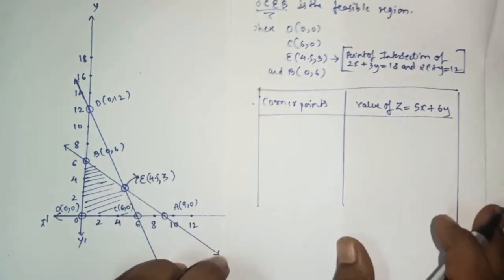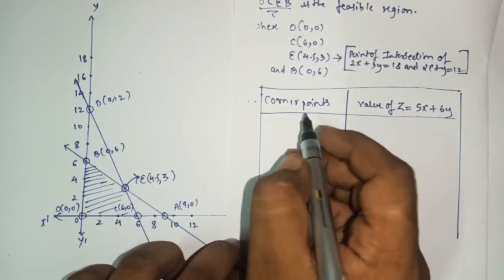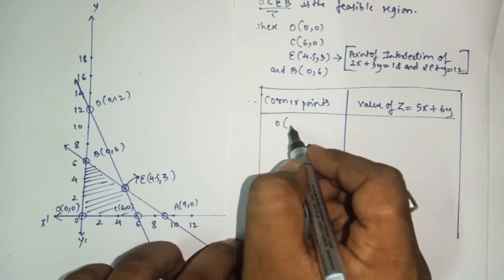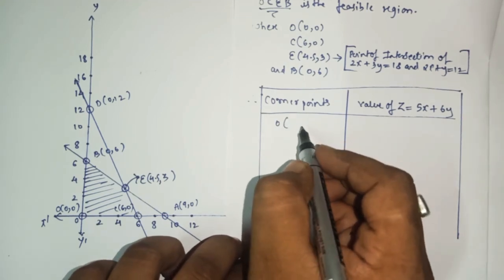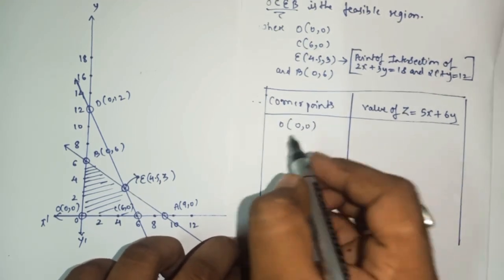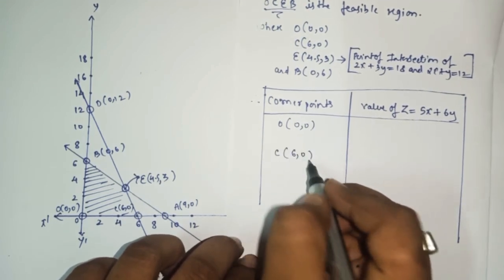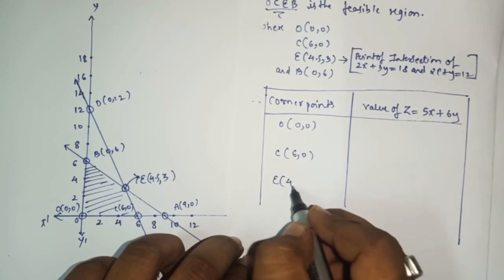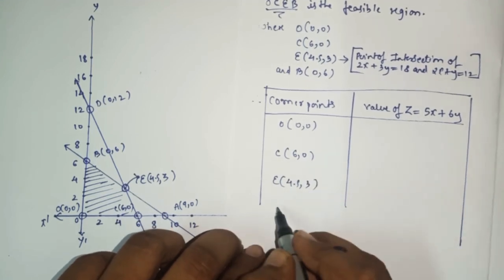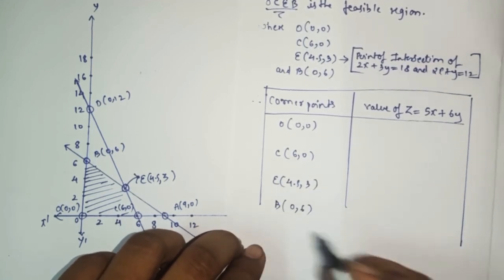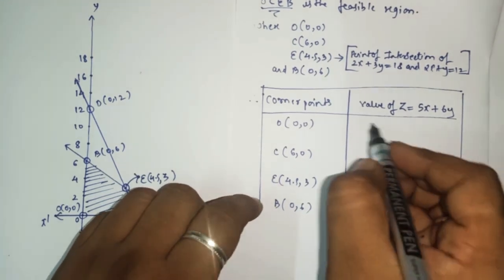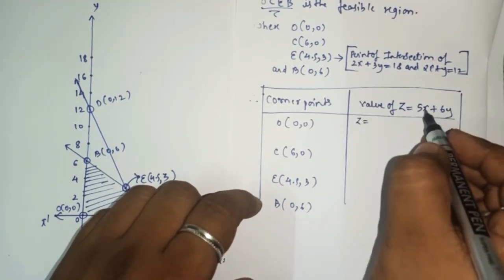The first one is O, 0 comma 0. The second one is C, 6 comma 0. The third one is E, 4.5 comma 3, and the last one is B, 0 comma 6.